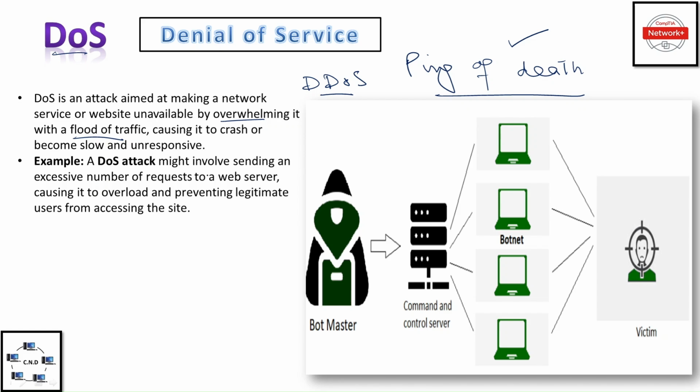For example, a DoS attack might involve sending an excessive number of requests to a web server, causing it to overload and preventing legitimate users from accessing the site. So again, this more suits the DDoS attack, while DoS is simply denial of service, and it has other techniques such as ping of death. Another one that comes to mind is teardrop, and so on.